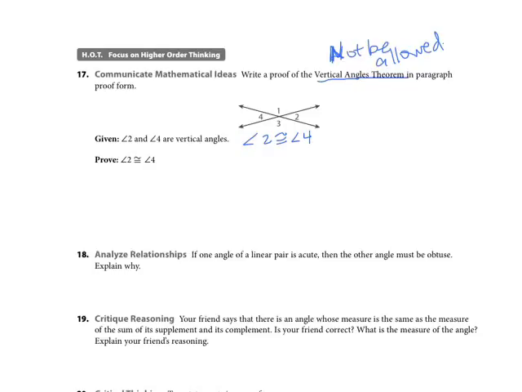Since the two angles are congruent, I know their measures are equal just in case I need it. I am trying to prove that angle 2 is actually congruent to angle 4. So I know they are congruent, but I need to prove why they are congruent.